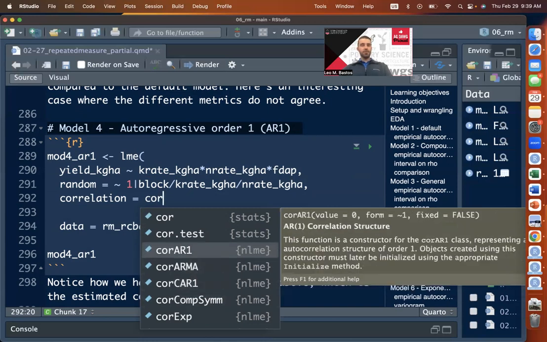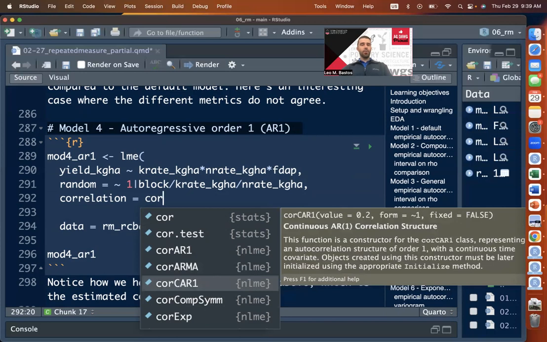And just to remind you, corAR1 and corCAR1 would be equivalent here. The CAR1 is for continuous autoregressive, and it is the only one of the temporal correlation structures that we're using that would accommodate different intervals between dates, right?